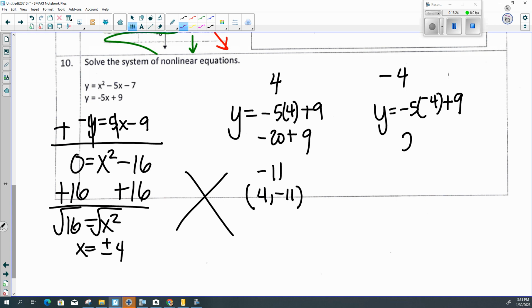And 20 plus 9 is 29. So -4, 29. All right, that's it. At least I think so. Is there a back? Nope.